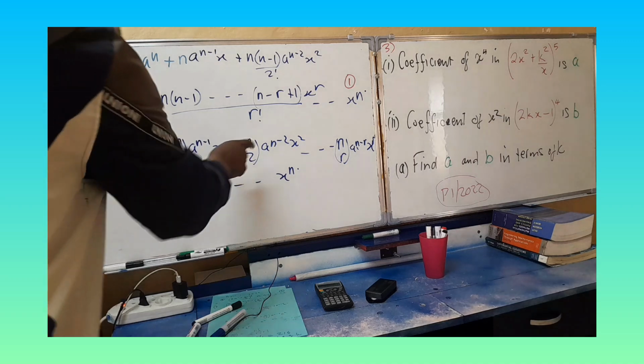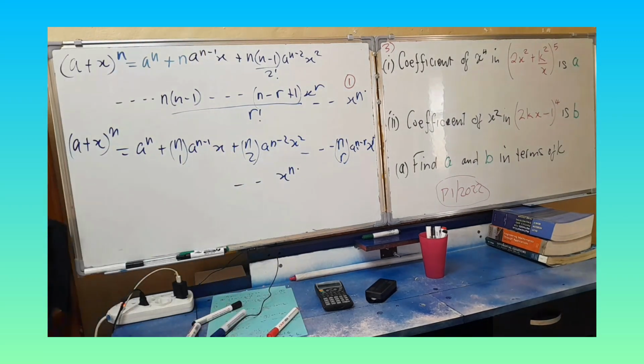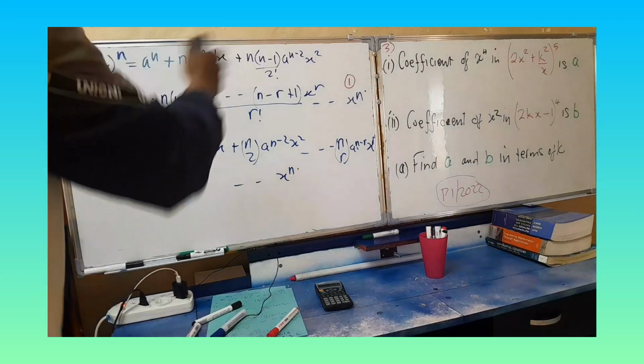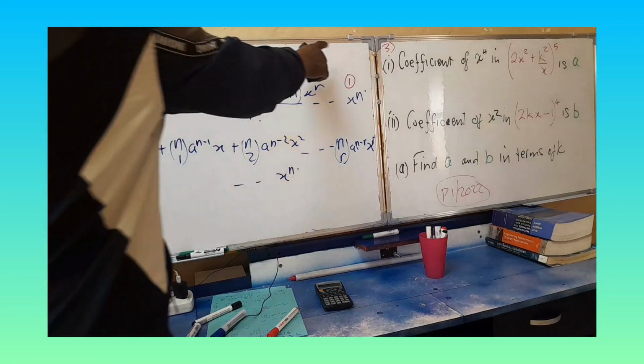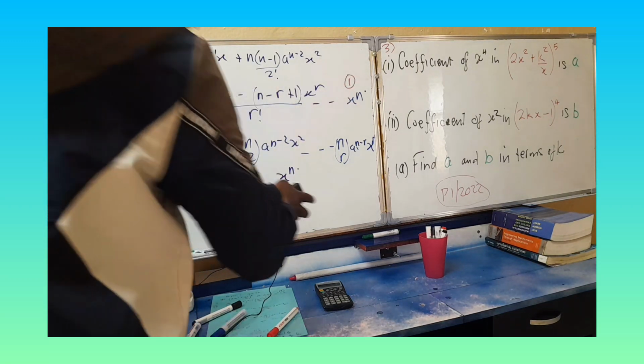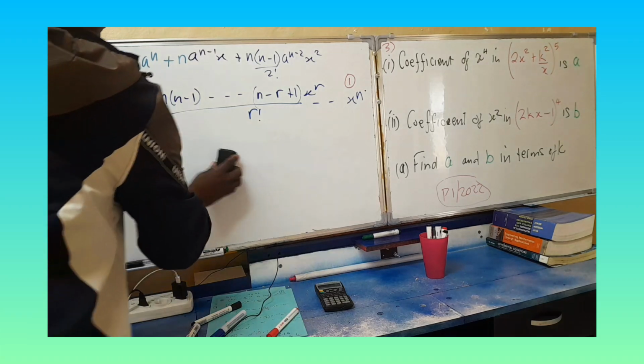But I will explain this nC2, nCr business. I will put a little formula at the corner there to represent this, so when we get to solving that, we can always be checking on it.